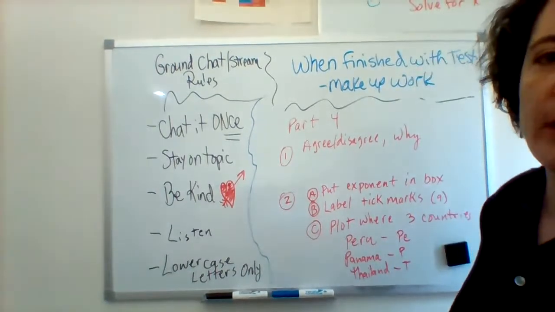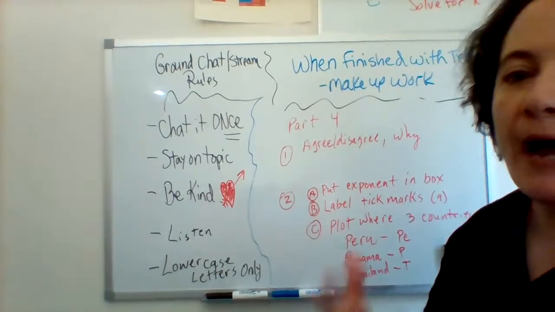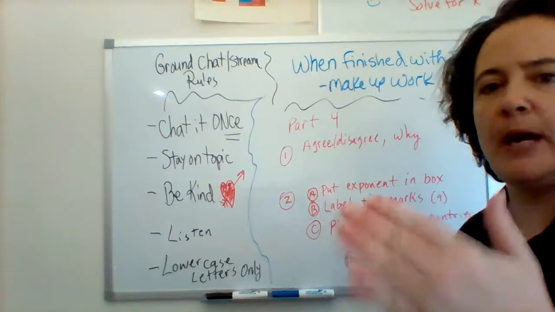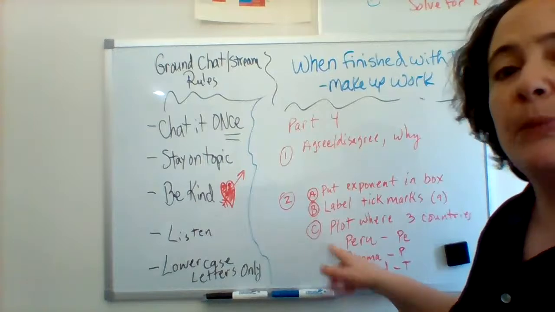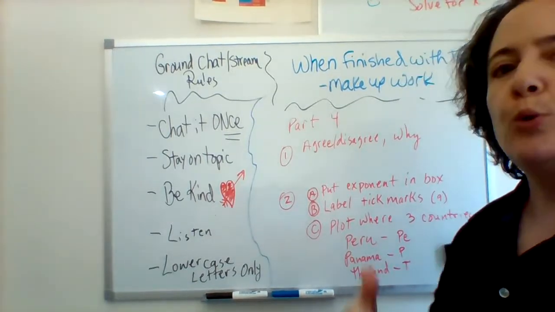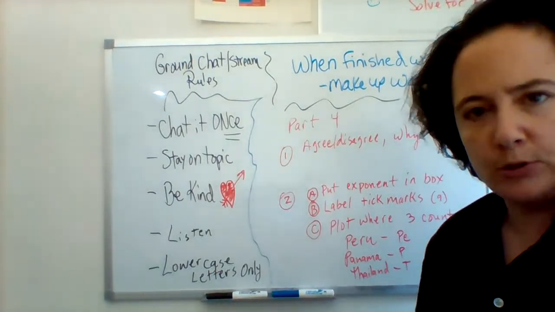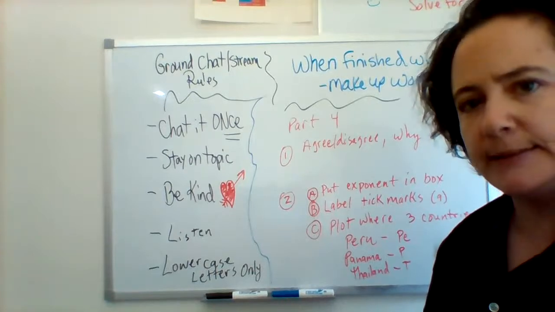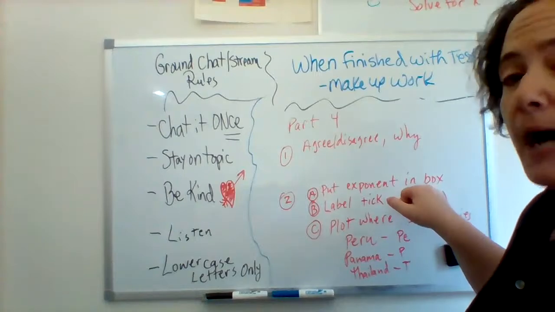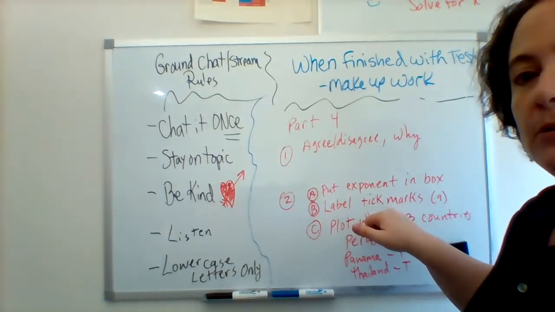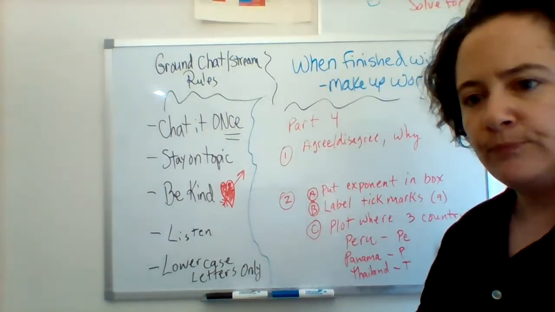Yeah, I'm getting questions on that. That's why I went over this. So you have the three countries, and each of them has their own population. You have to plot it on the number line, but the number line they gave you is blank. So using the scientific notation number lines that we've been doing in school, and what we've been practicing in the review, you have to put the correct exponent in the box and label each tick mark so that you can plot the three countries where they belong on it. Does that help?